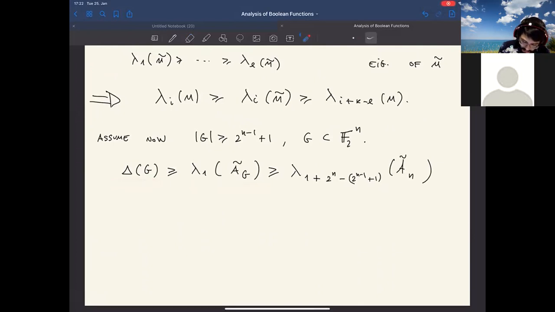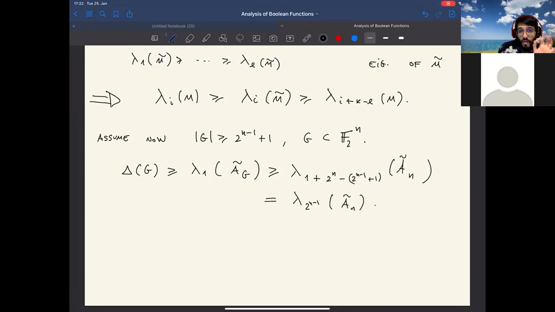Okay. So what we showed is that this is greater or equal than this. That was the claim tilde. And then the Cauchy interlacing theorem gives that. Okay, and this cancels with this, and this is just 2 to the n minus 1.